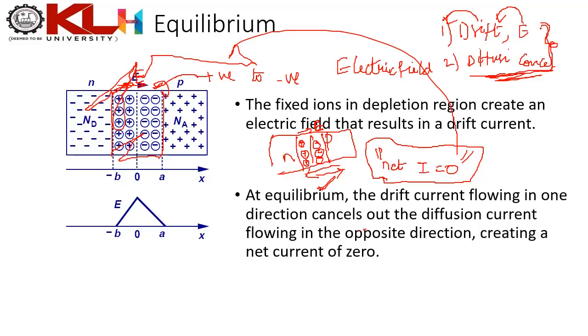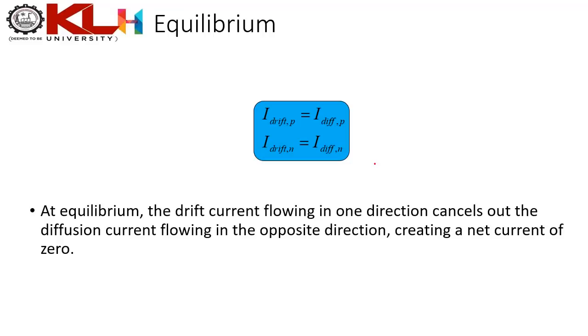This is a beautiful phenomenon, and it usually takes place only in semiconductors. Basically the drift current equals the diffusion current, and they are equal and opposite, and they cancel out.